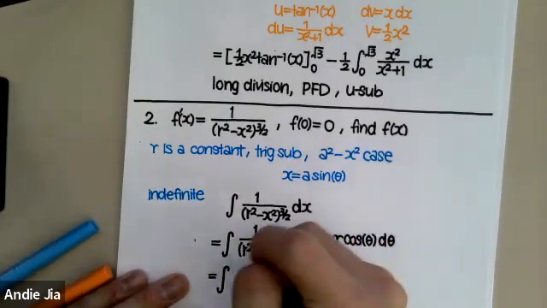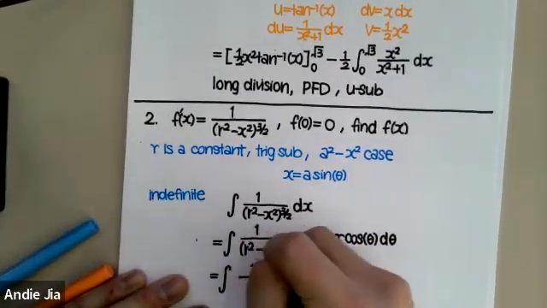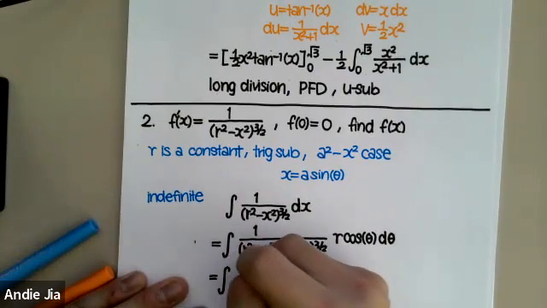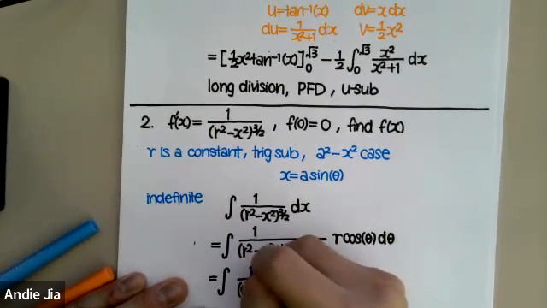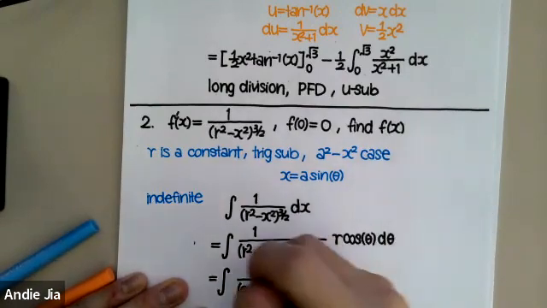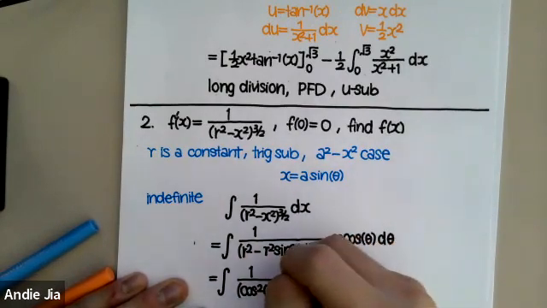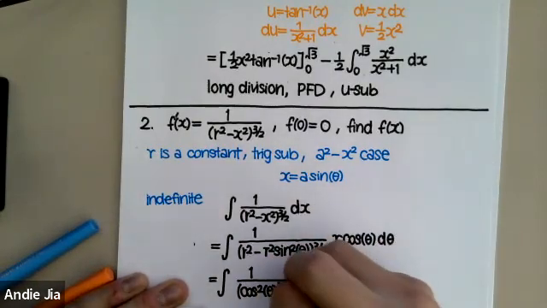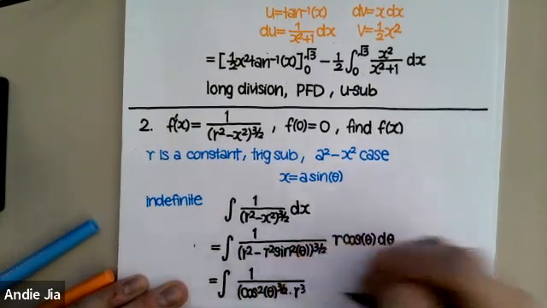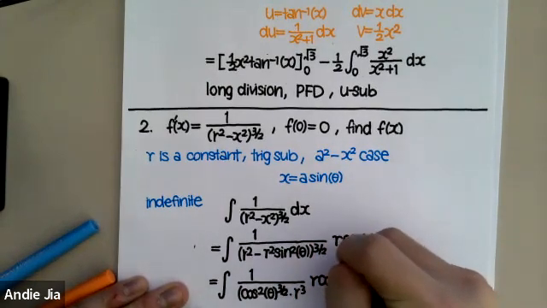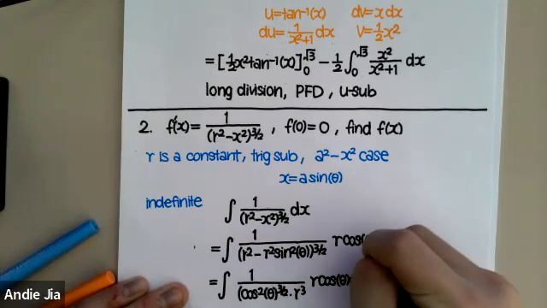So now we have r squared, we have r to the cubed here. We have r cosine theta d theta.